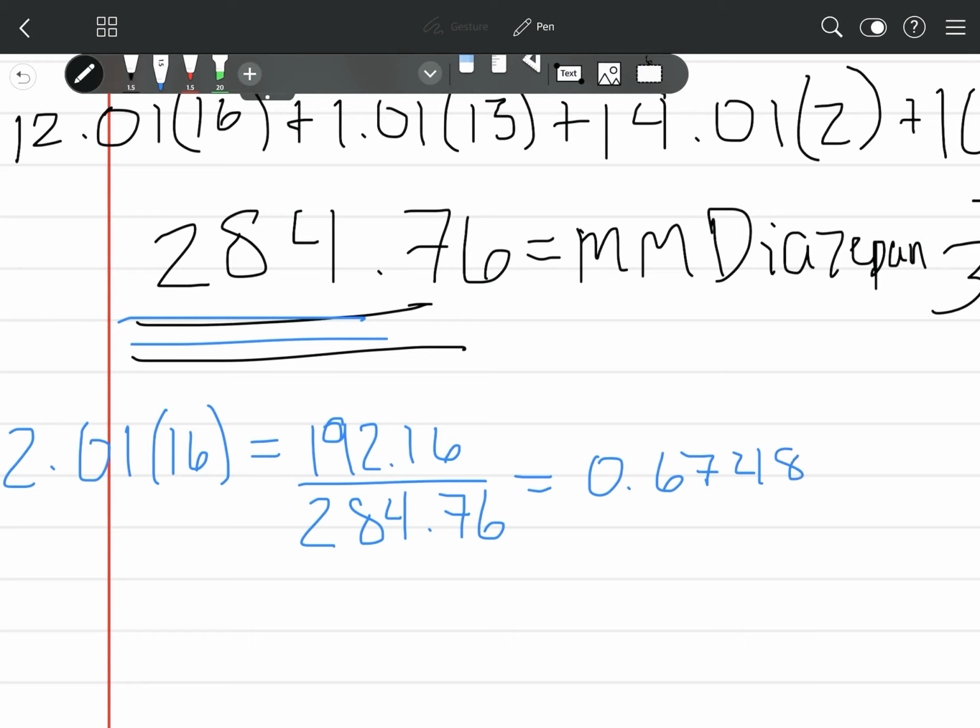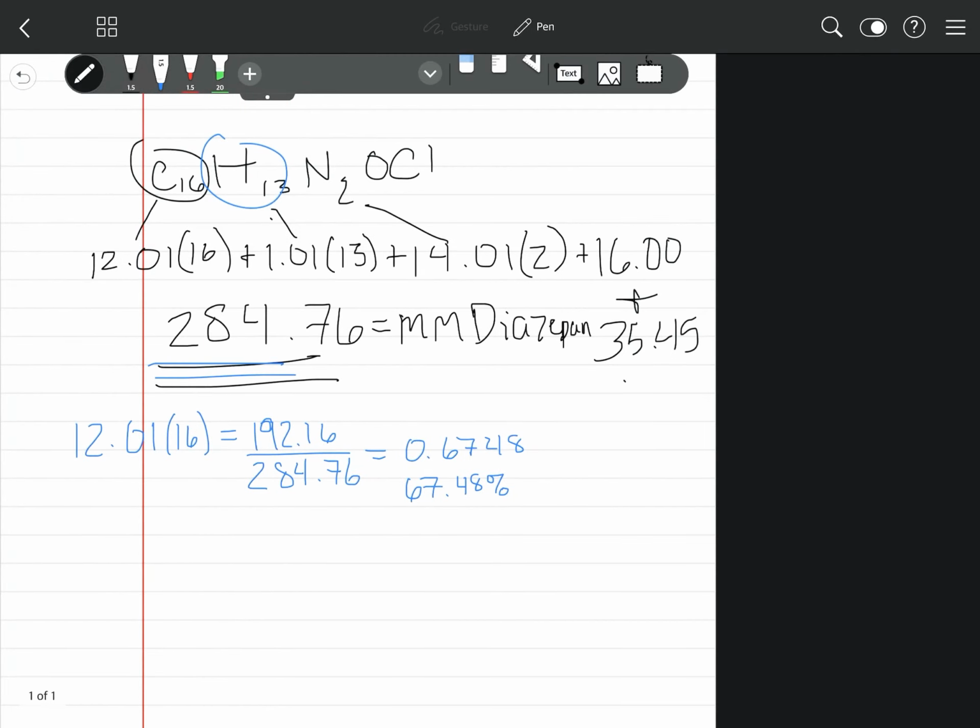Since it's a percent, that's 67.48%. What that means is that the mass of all the carbon atoms, the 16 carbons, is 67.48% of the entire mass of this compound.